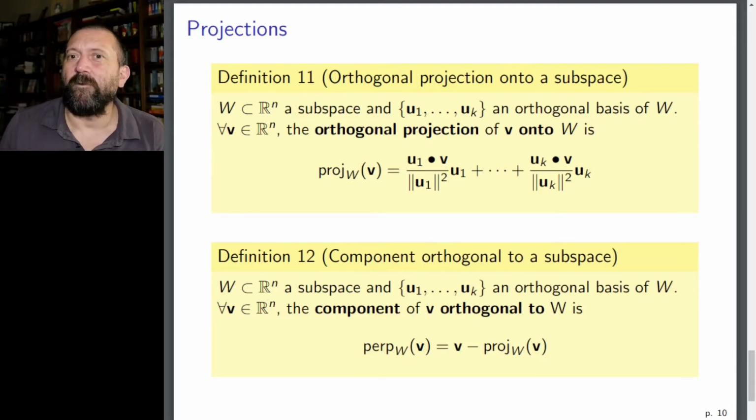So the orthogonal projection of the vector v onto the subspace W is given by this formula, which is quite simple, if you look at it.